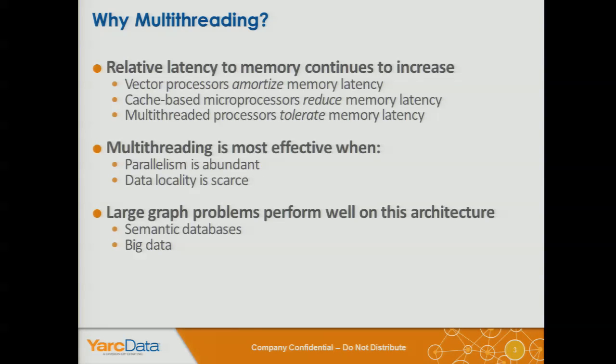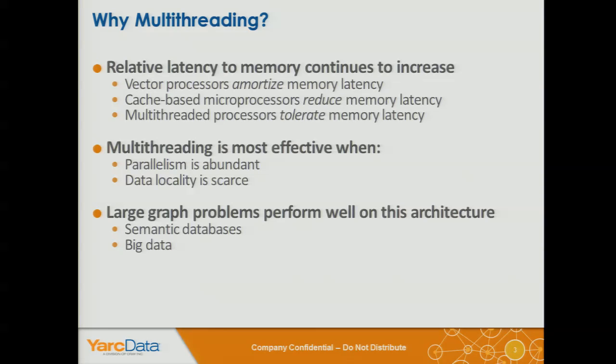And so basically, there's a certain subset of application space that a multi-threaded machine has all to itself. And that's defined by these two ideas. So when you're thinking about a problem and what machine to put it on, think of abundant parallelism and scarce data locality. And of course, two examples we've been talking about all day: semantic databases, where you're jumping around all over the database, anywhere in the database at any time.